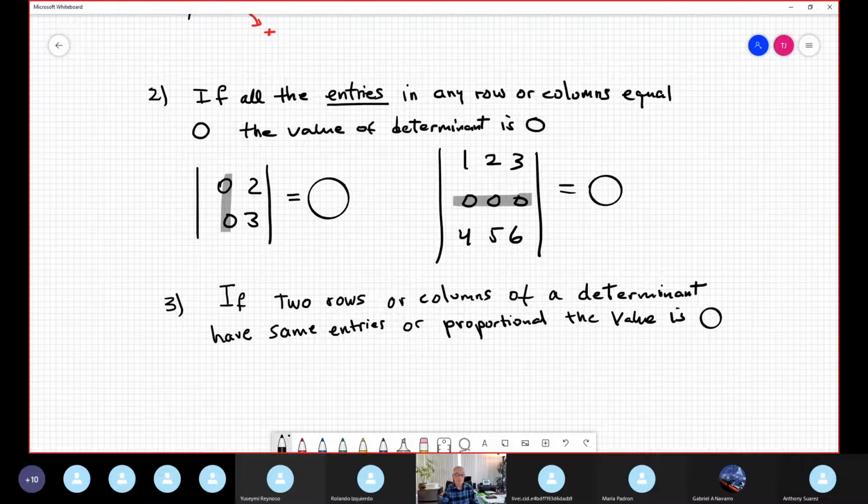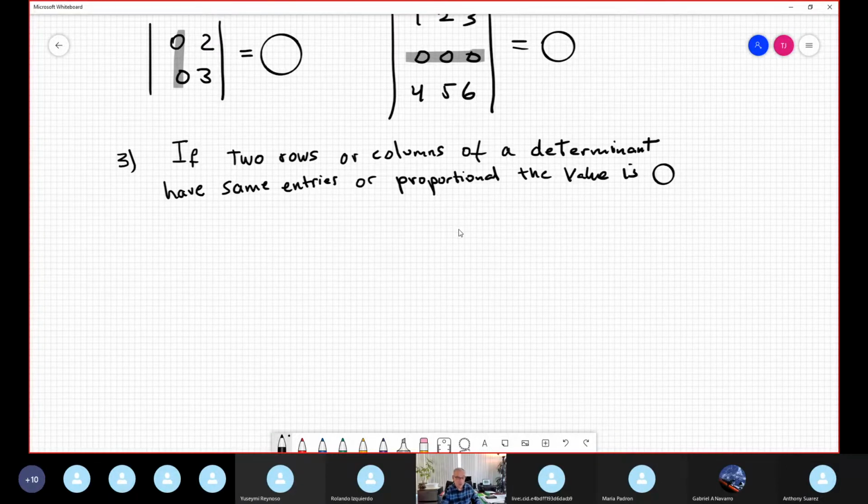Again, what does that mean? Well, suppose an elementary example to understand this. Suppose we have one determinant: 2, 3, 2, 3. Same column, same row. Okay. The property says that the answer is 0.